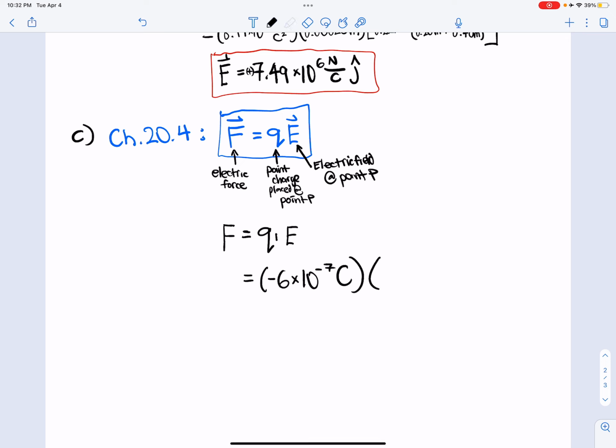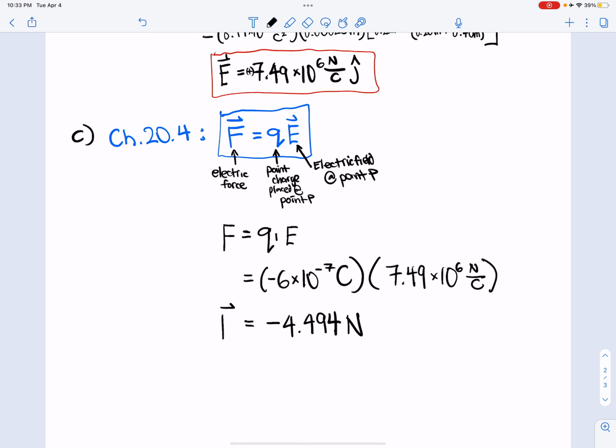And we multiply that by the electric field at point P, which we solved for in part B. Okay, so that's positive 7.49 times 10 to the 6th newtons per coulomb. And if you plug that in the calculator, you're going to get an answer of positive times negative will be negative, right? So it's negative 4.494 newtons, okay?